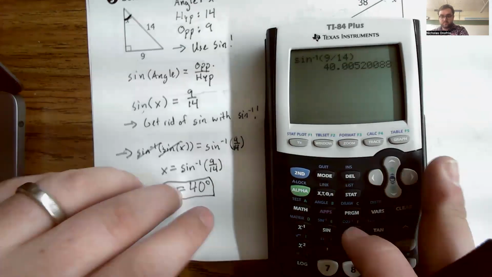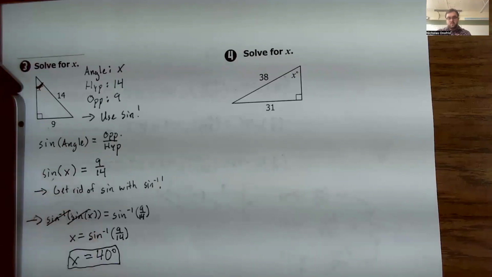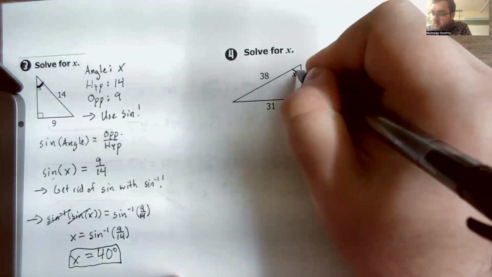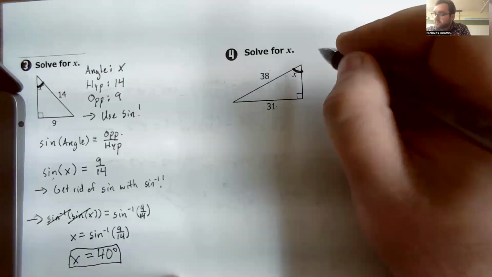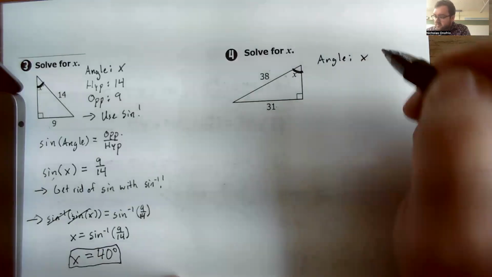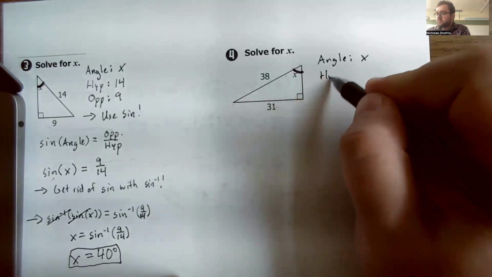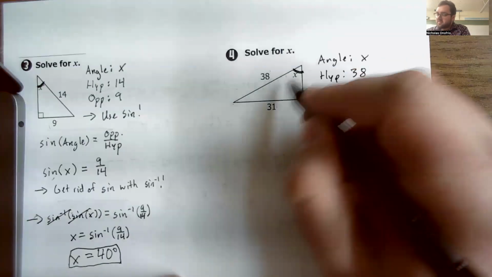Let's look at another one. Problem number 4 next. For problem number 4, again, we are given x as our angle, and we have our two sides, 31 and 38. As we make our notes, we can say our angle is x. We are given the hypotenuse, 38.